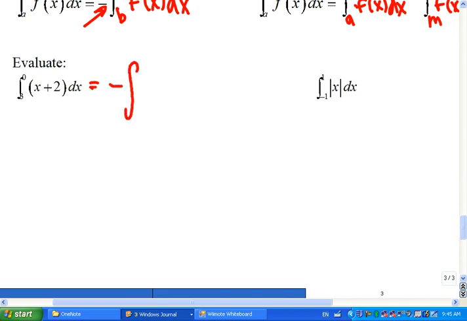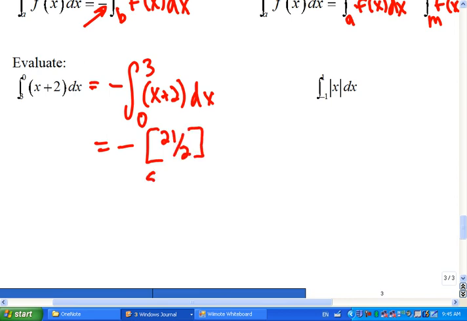So we can just say that's the same as the negative of the integral from 0 to 3 of x plus 2, which is equal to negative 21 over 2. See previous example. So it's the same area, it's just we've gone backwards, so the delta x is negative, means the area will be negative.